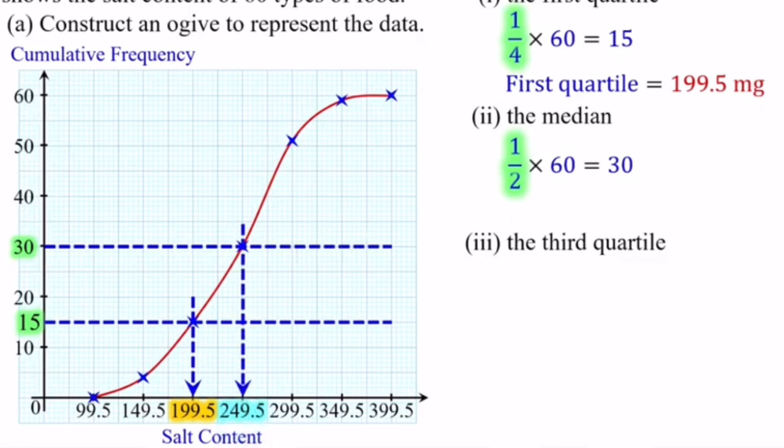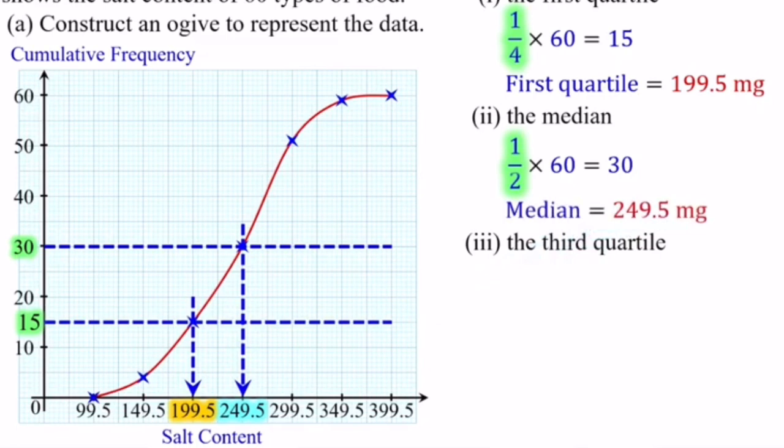We must read carefully so that the reading is accurate. It's 249.5. Remember, there is a 0.5 because of the upper boundary, right? So we get the answer: median is equal to 249.5 milligram.